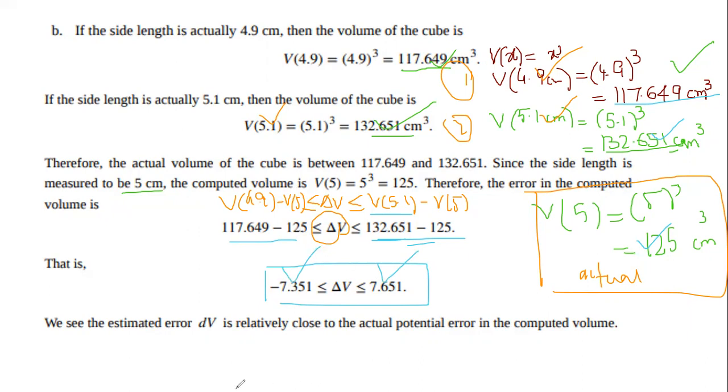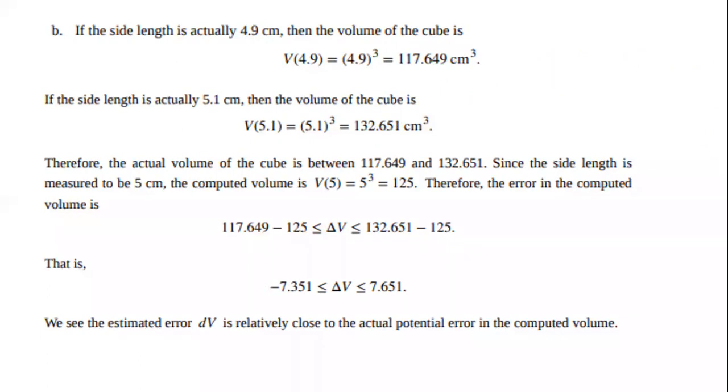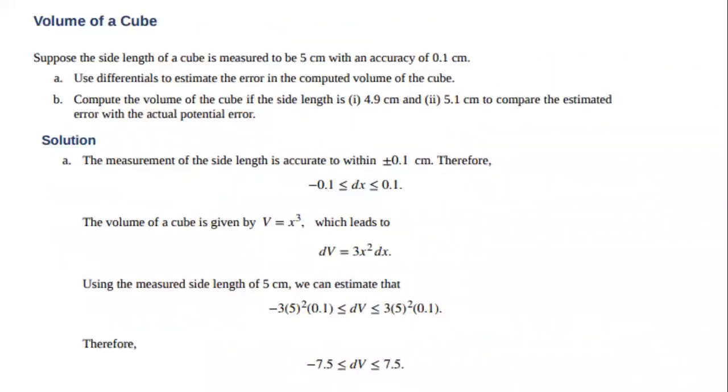So we can estimate the error dV, which is reasonably close to the actual potential error in the computed volume. The actual dV I found in the first case was 7.5, and the limit goes from positive to negative.